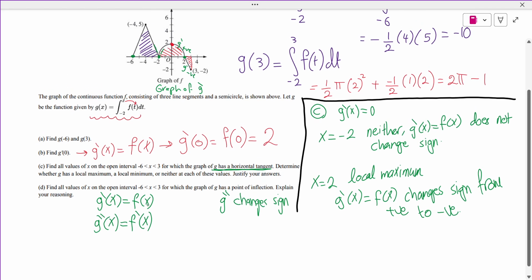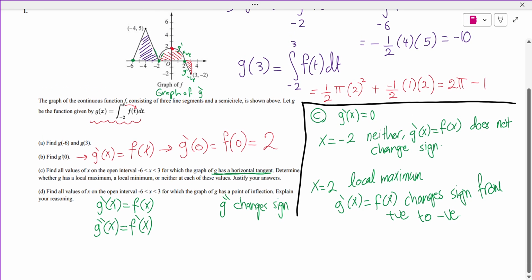Now, if you look at the graph, just let me erase what we have done here. So here f prime, which is the slope of the tangent line, was positive. And here f prime is negative.